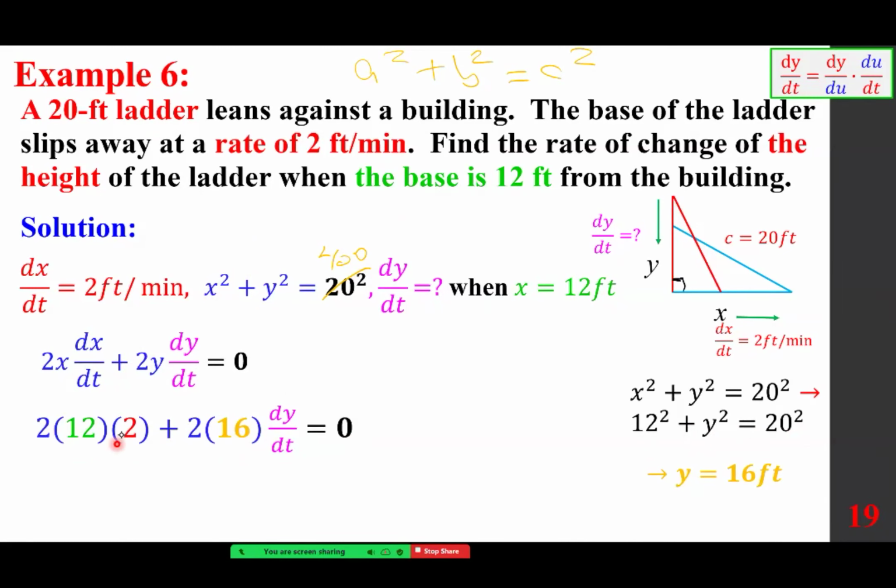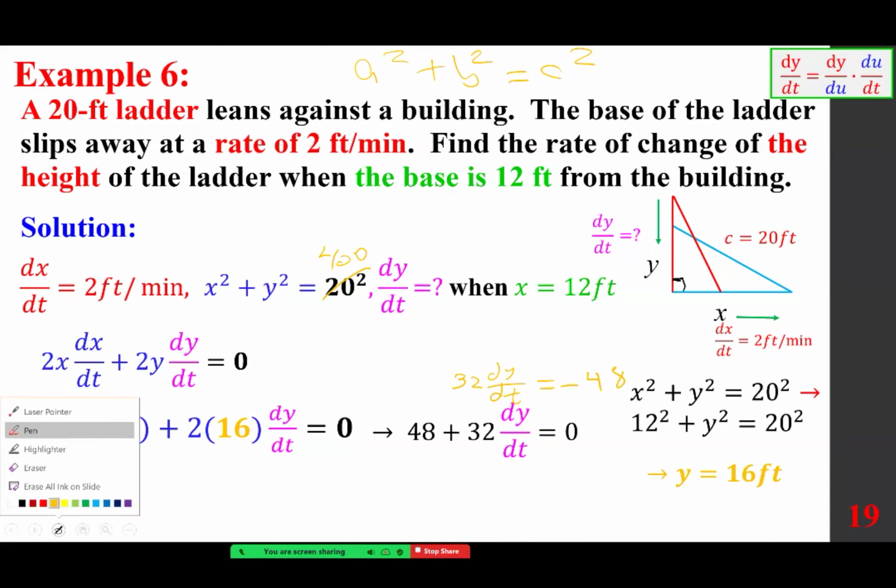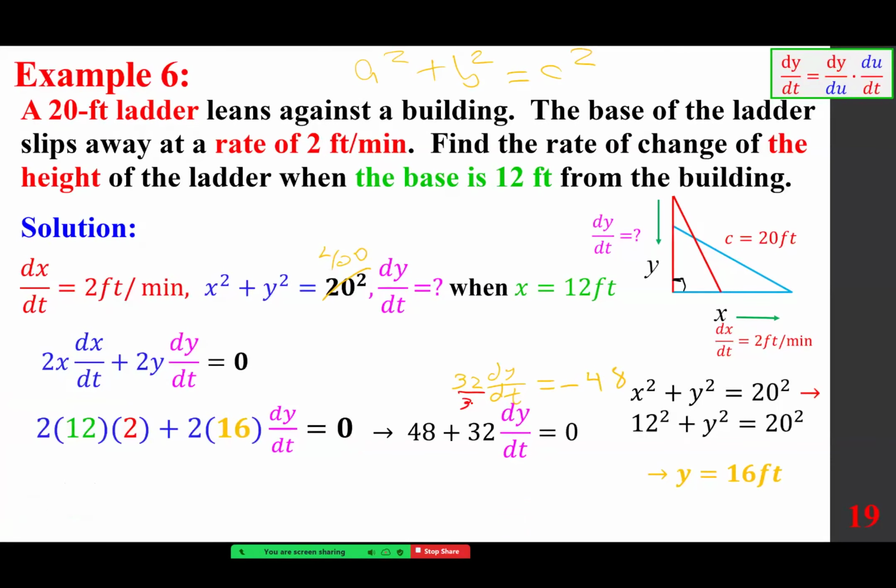This is 48. This is 32. We are going to write 32 dy dt equals negative 48. Divide both sides by 32. They are both divisible by 16.